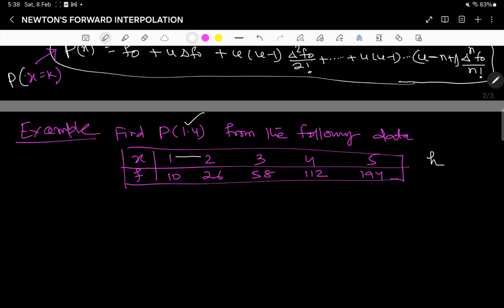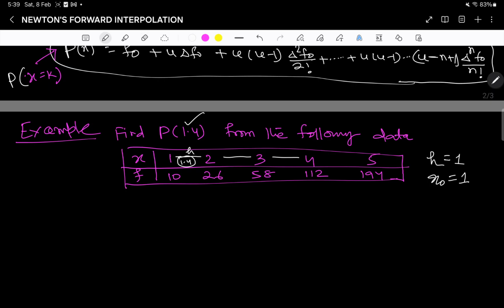This gap is 1, this gap is 1, so h is equal to 1. Now my initial point x0 is 1, and 1.4 is close to this initial point, so we use Newton forward, as 1.4 is close to x0.